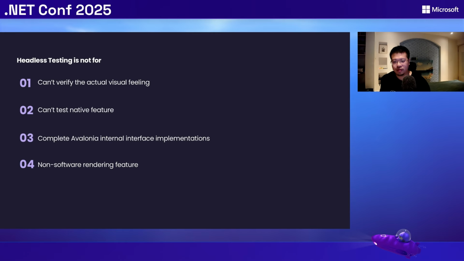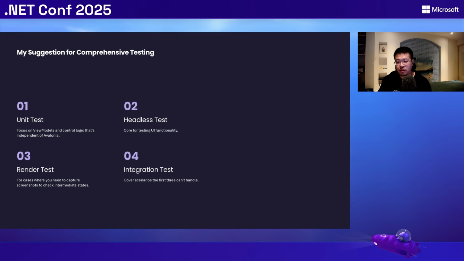So in the real world, here's my recommendation to achieve the most reliable and efficient tests. That is to implement 4 types of testing for your desktop application. First is a unit test, focused on the view models and the control logic that's independent of Avalonia. The second is a headless test, for testing UI functionalities.